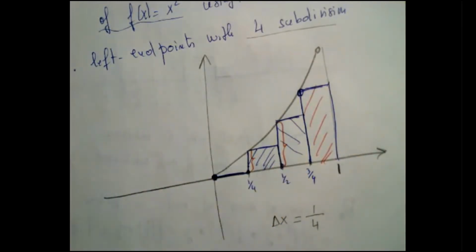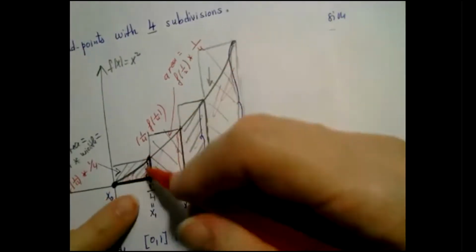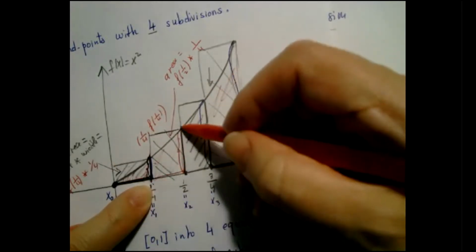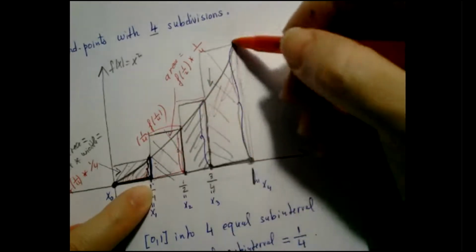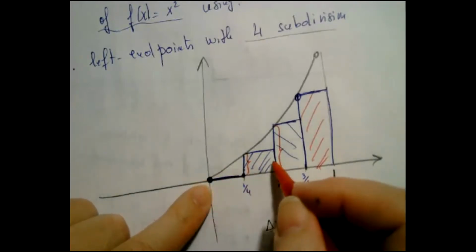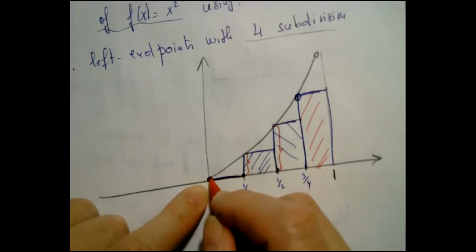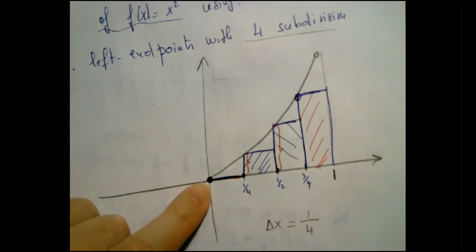Okay, so let's contrast those two. For the right endpoint, I take for height the value at the right endpoint of the interval, and the width is always the same. In the left endpoint, instead of taking for height the value of the function at the right, I take the value at the left. Because f of 0 equals 0, I just get a line, just by coincidence.